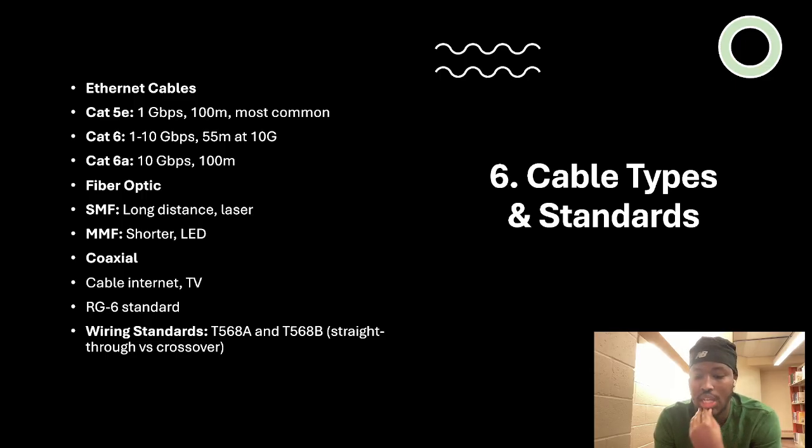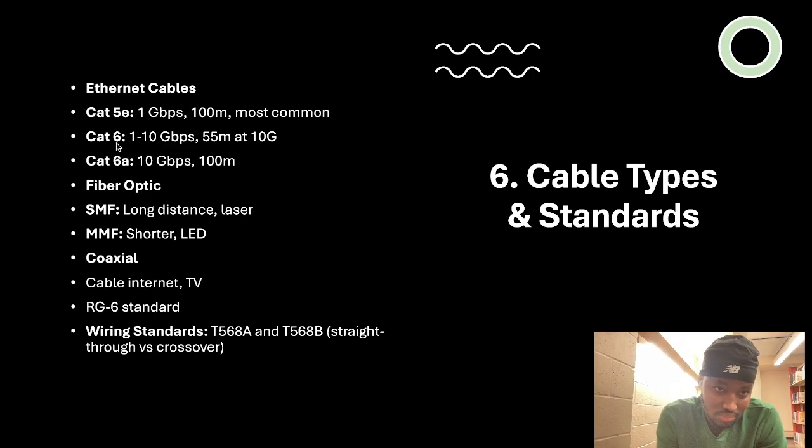my scripts. Now I'll talk about the cable types and the standards. This has something to do with Ethernet, which is like the newer version of the old Ethernet cabling. There is Cat5e, which supports 1 Gb. It can cover 100 meters, and this is the most common one.